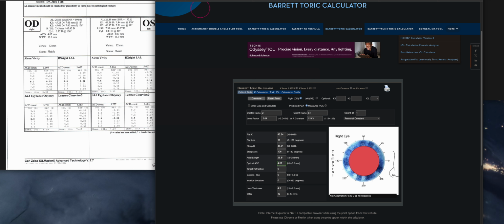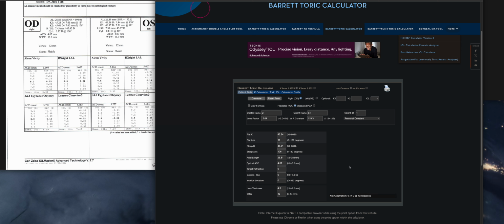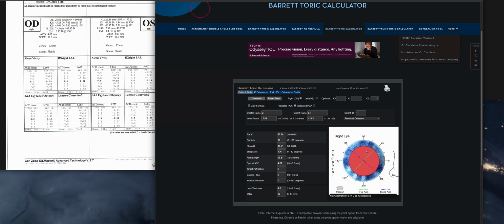Deep eye, but yeah, a long eye as well. Okay. Yeah, 4.5, 12, yeah. Good. Calculate. This is nice. It tells you the net astigmatism. So basically, just calculating between the K1 and the K2.